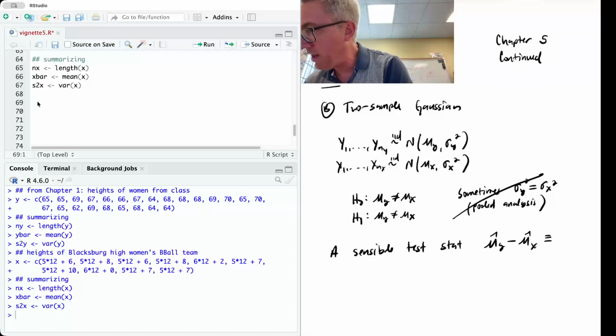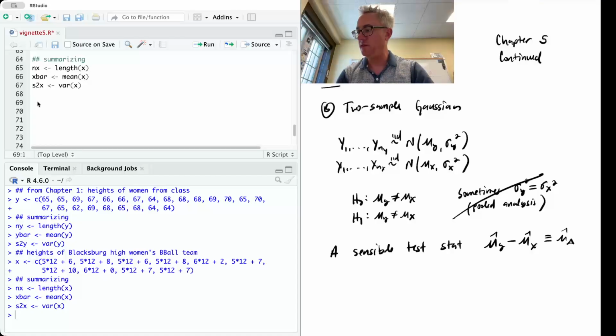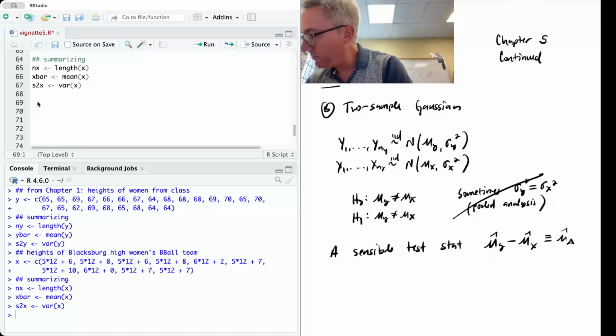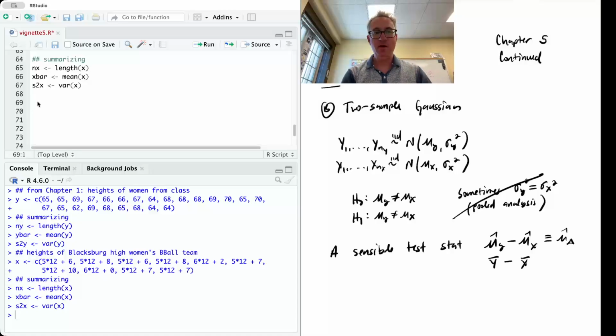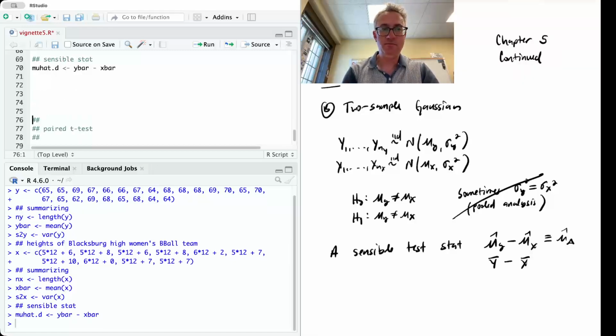So we could call that mu hat delta, just like the theta hat delta. And of course, that's y bar minus x bar, right? So I could calculate mu hat delta as the difference of y bar minus x bar.